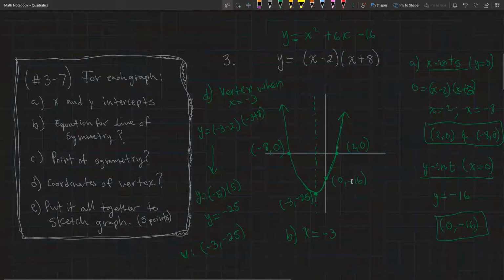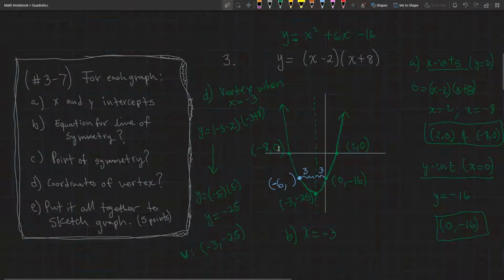Therefore, we're just missing the point of symmetry to the y-intercept, so we need to find this distance, because that's the same as that distance. And because the line of symmetry is located at x equals -3, that means that this is a distance of 3, 2 times in the negative direction, giving us a point of -6. And the nice thing about those points of symmetry is they have corresponding y values.